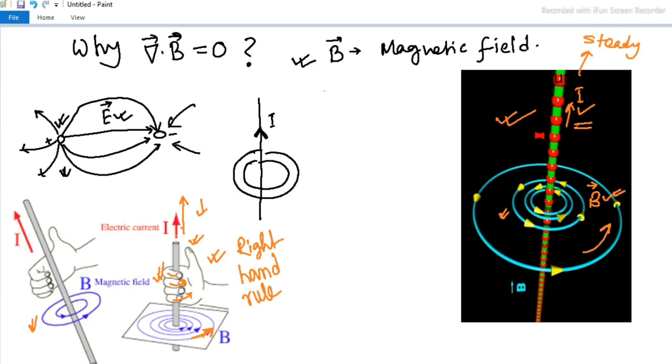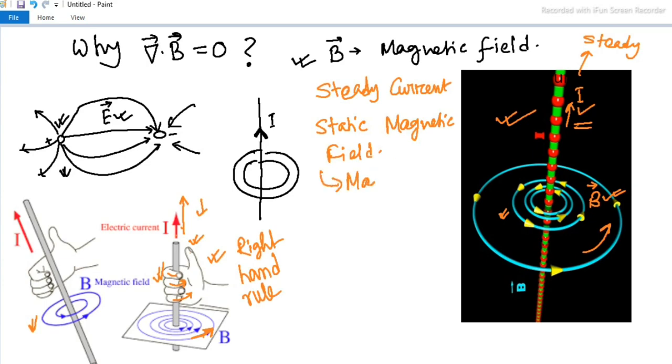So due to the steady current, I'll get a static magnetic field. This is basically your magnetostatics.